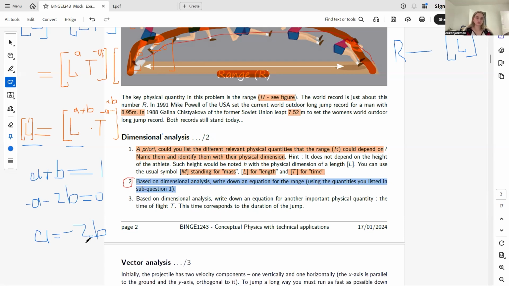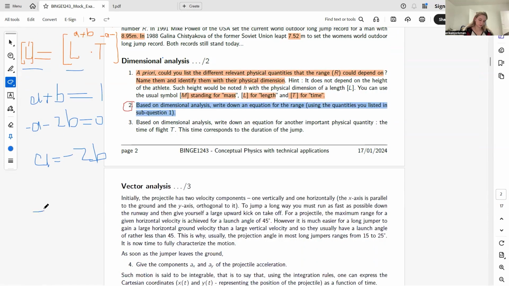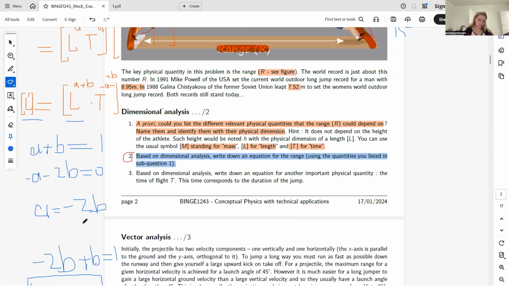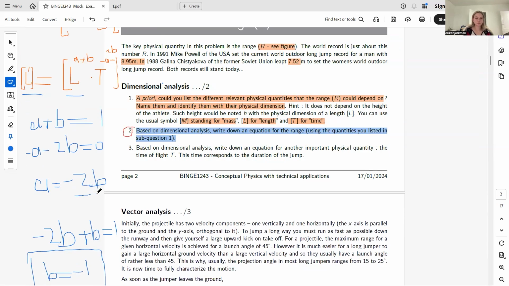Now you need to write this value, A is equal to minus 2B, in our first equation. Then our equation will become minus 2B plus B is equal to 1, and after simplifying, the value of B will become minus 1. Now you need to replace that value of B in this equation.